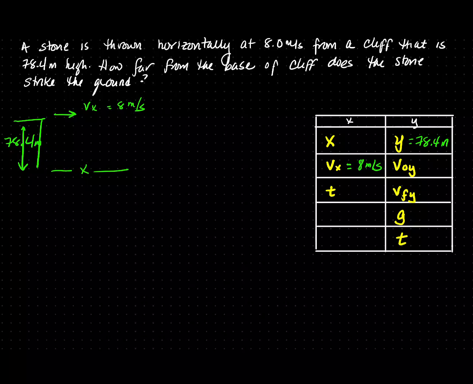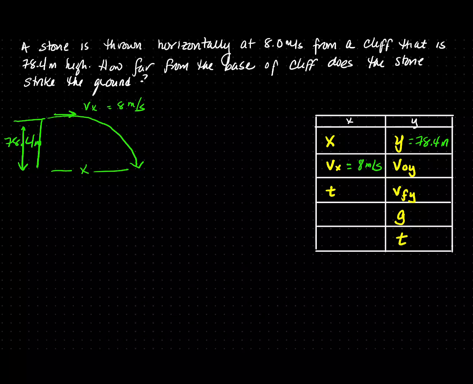So this object, the stone, is thrown horizontally. So when it comes, it's going to take a trajectory and land somewhere out here. So we know in the x direction, our equation is x is equal to vxt. But we have two unknowns. So what we need to do is use a y equation and solve for the t to plug in.